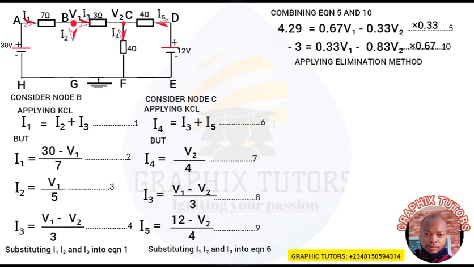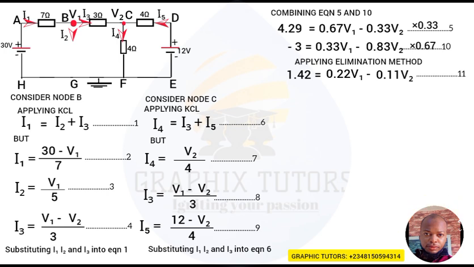If I should multiply 0.33 times 4.29, I will have 1.42 equals to, if I multiply 0.33 times 0.67 V1, I will have 0.22 V1 minus, if I multiply 0.33 V2 times 0.33, will give me what? 0.11 V2. That is my equation 11.